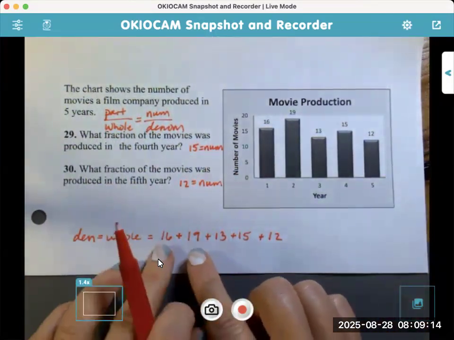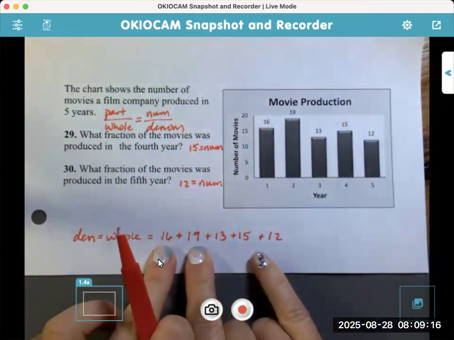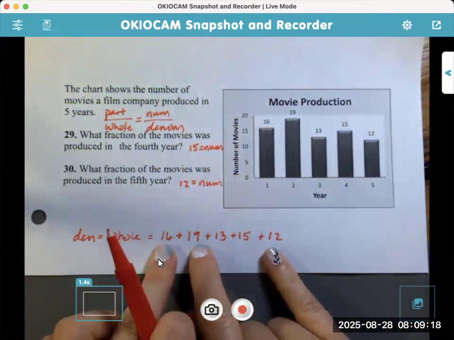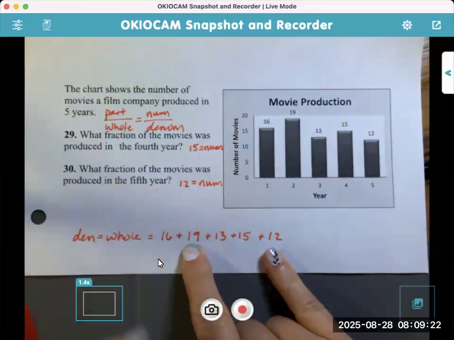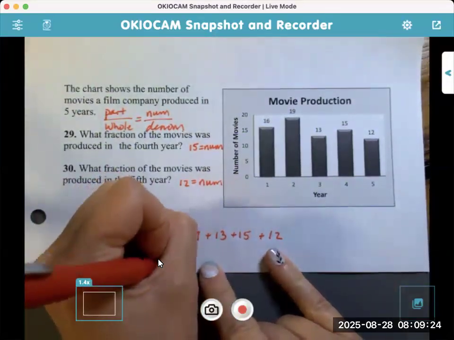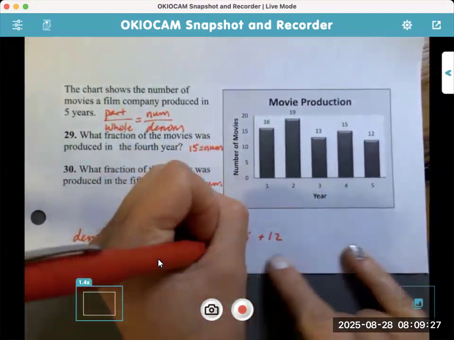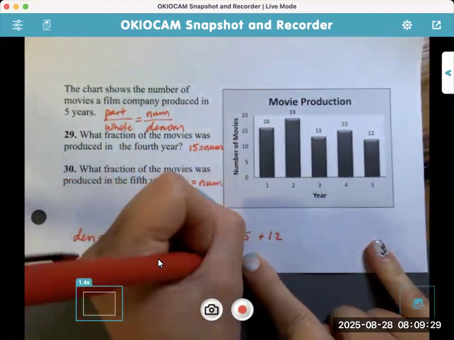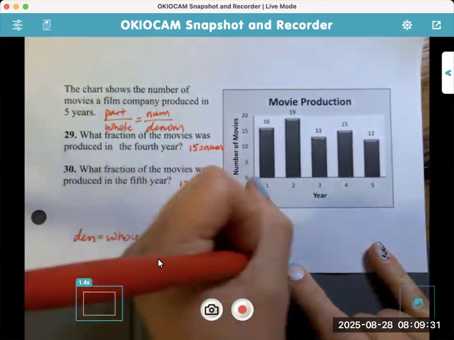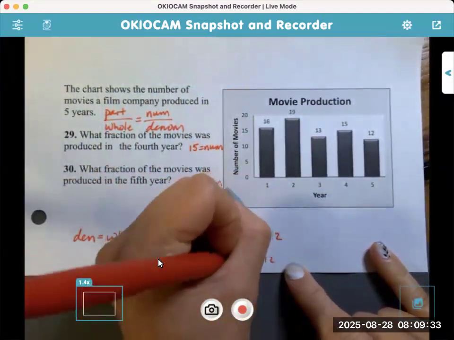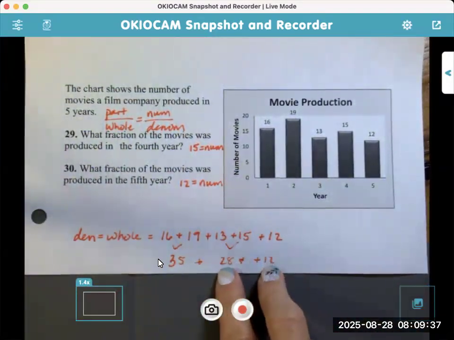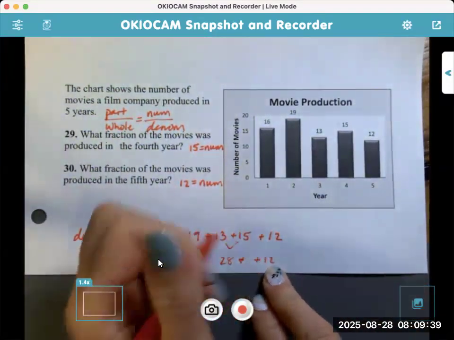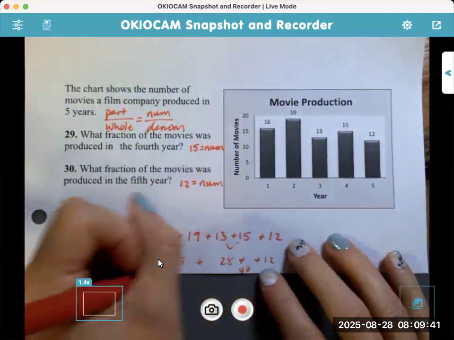Okay, so 16 plus 19. Well, 6 plus 9 is 15. Carry the 1. So that is 35. 13 plus 15 is 28. And then you have plus 12. 28 plus 12: 8 plus 2 is 10. Carry the 1. So that's 40.